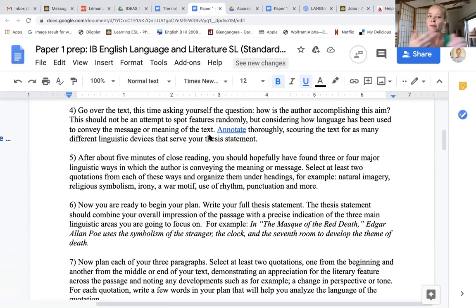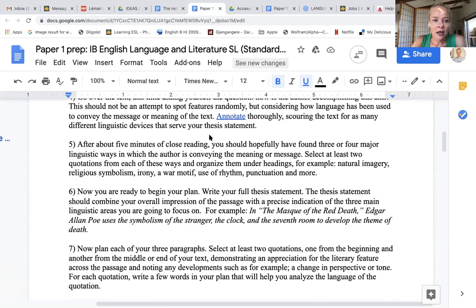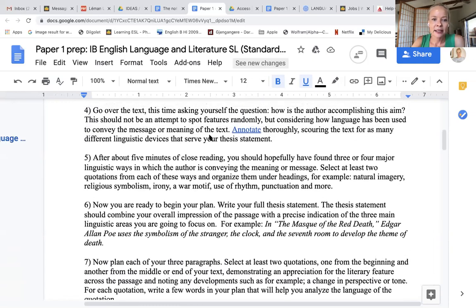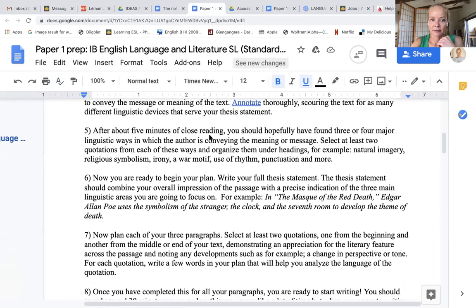Or is there something about the sentence construction or punctuation that you see as a pattern in the text that you may want to comment on, in support of the thesis statement? How is the message conveyed through literary features? That's the overarching question as you read.